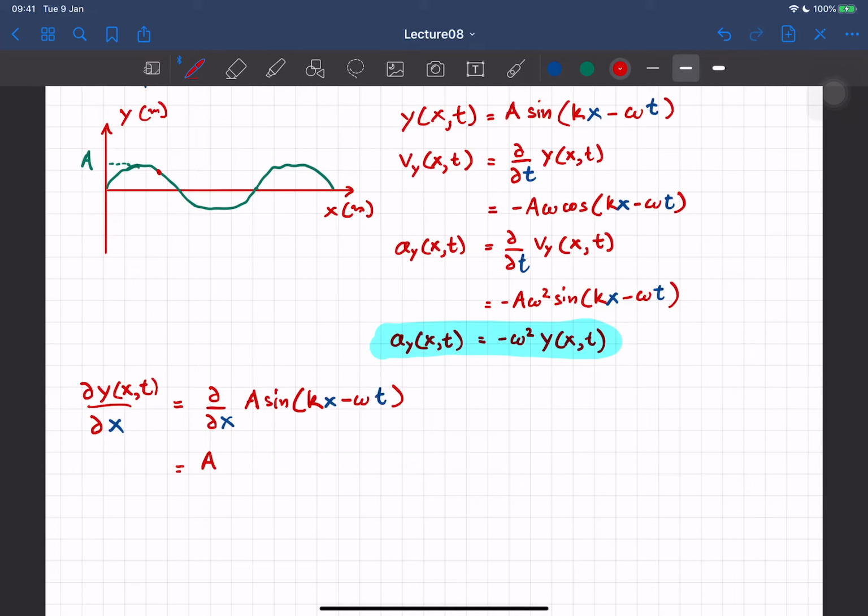So a, right, amplitude stays the same, sine becomes cosine, right? And then d by dx, you are multiplying x by k, right? So k is a constant. So you have k in front also. So let me write it here. So k, okay? And then cosine (kx minus omega t). Okay, so that's the first derivative of y with respect to x.